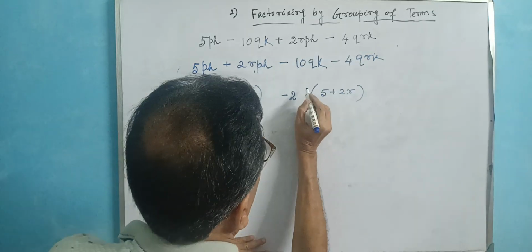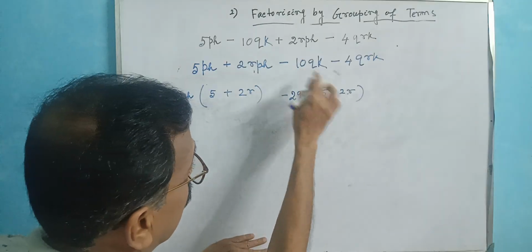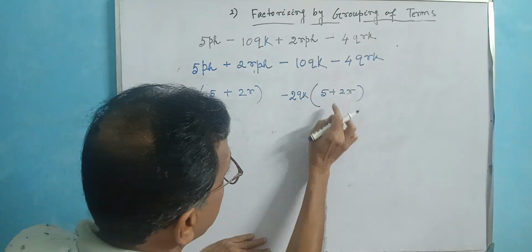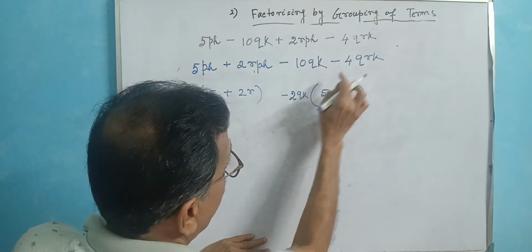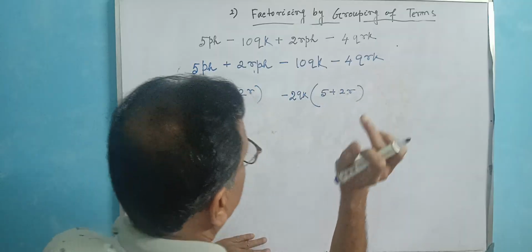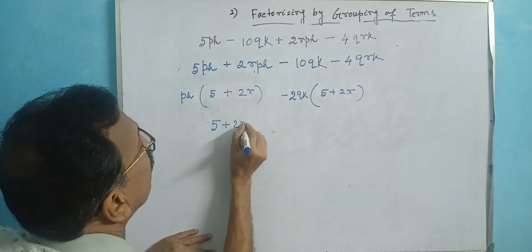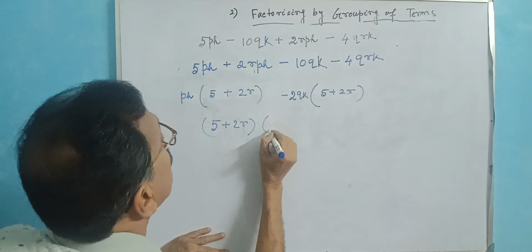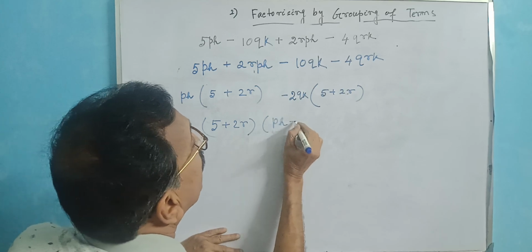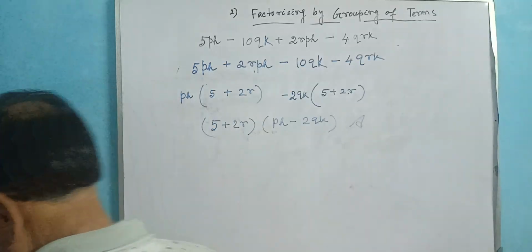So 10QK is common. So 5 to the 10QK, and minus 2 to the 4QRK. So further common is 5 plus 2R, and here is pH minus 2QK. So this is the answer.